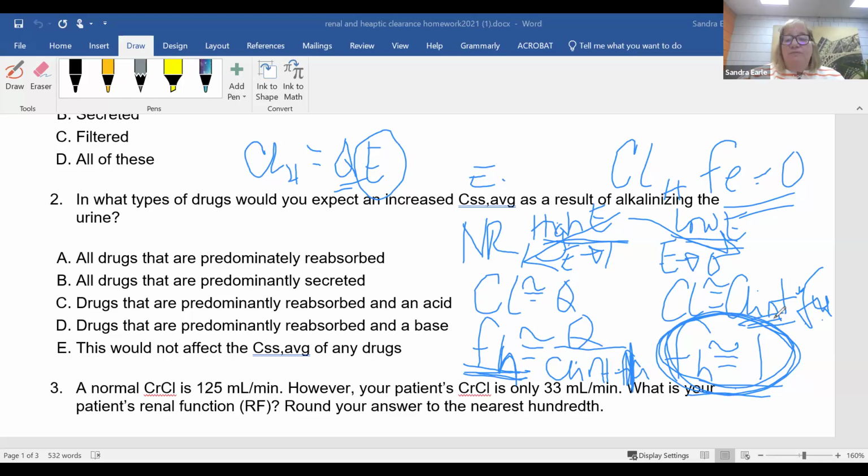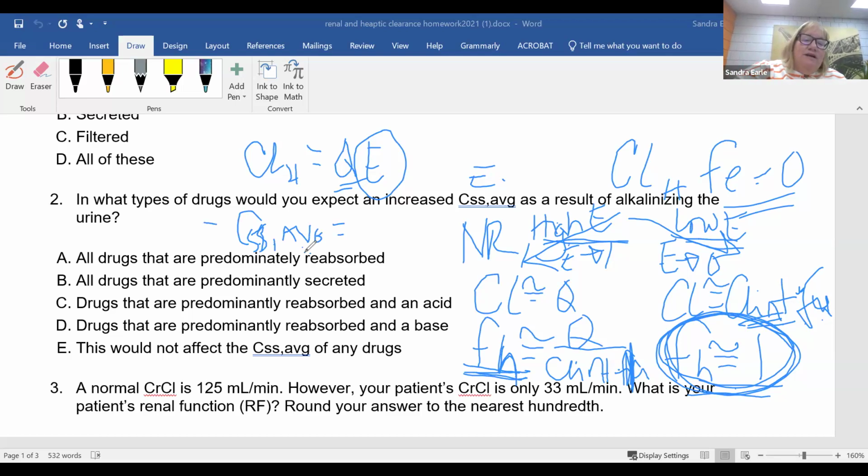And remember, if we want to make changes in dose rate, we want to look at Css average, but really we want to know what's happening with free, don't we? But we don't have to worry about looking at free, because total will reflect free as long as there's been no binding change, right?